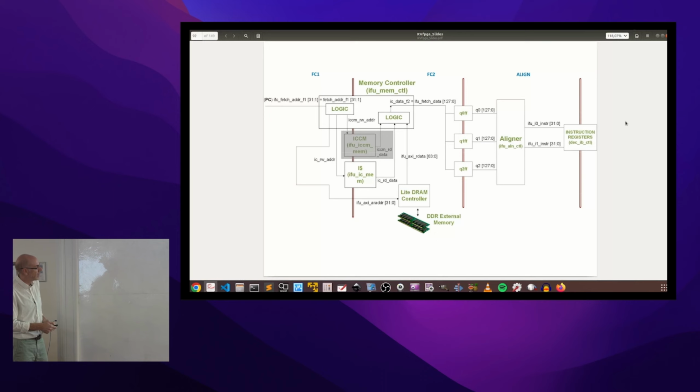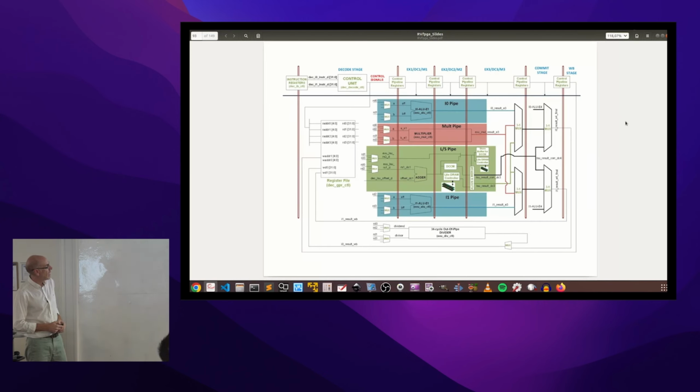Note that these are the names for the real signals that you will find in the core. So in case you want to understand how the iCache is implemented or whatever, these are the real signal names for the inputs and outputs for the iCache.